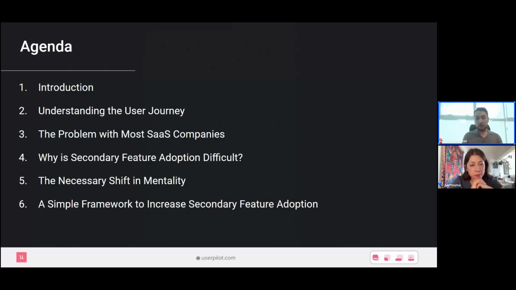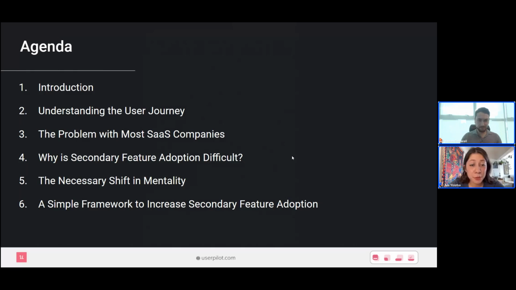And here we're talking about both product teams and growth teams, right? What is the change that we need to make to prioritize feature adoption in general? And we'll go through the framework in a simple way, hopefully.